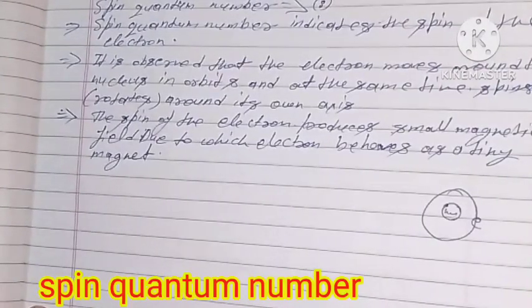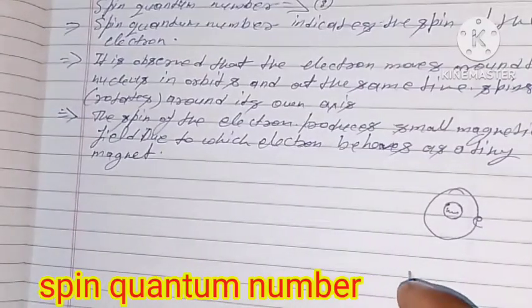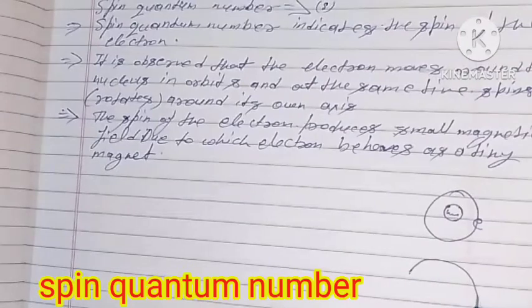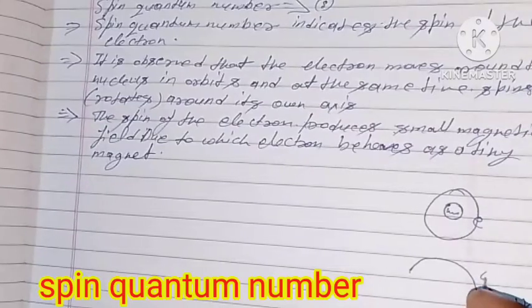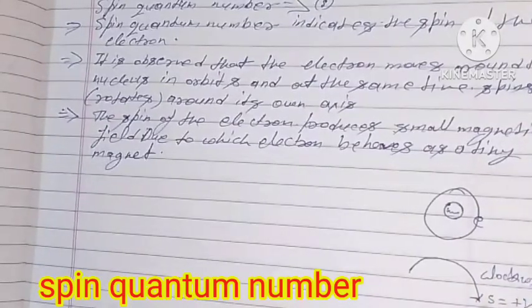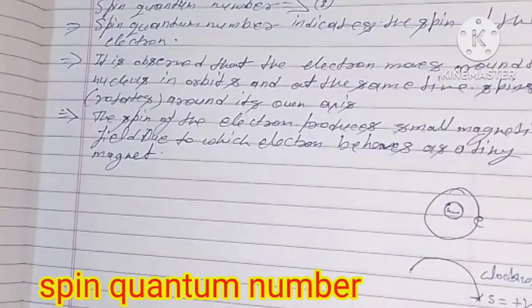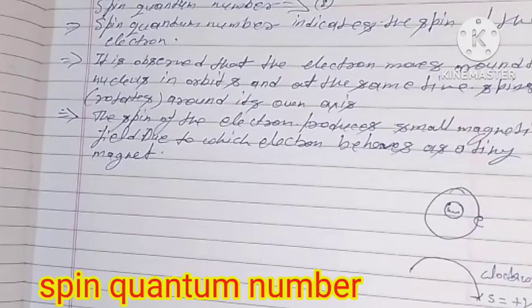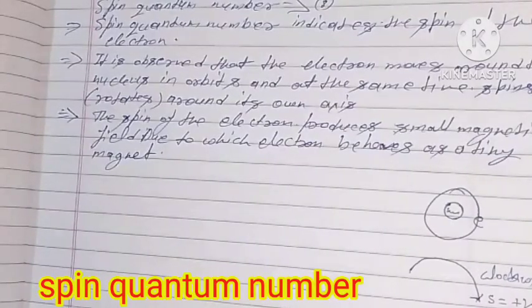Since the electron can spin either clockwise or anti-clockwise, if s equals plus 1/2, that means clockwise. If it spins around its own axis anti-clockwise, then s equals minus 1/2.